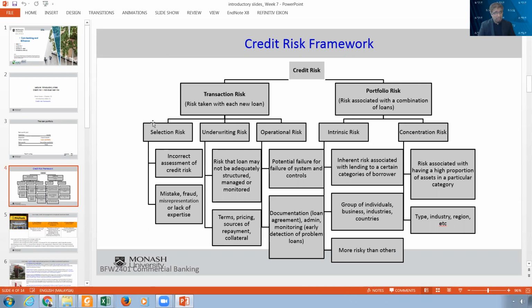So the first thing, we start with the selection risk. The problem with this risk is you have an incorrect assessment of the credit risk. Like what happened during the subprime, you bring in the subprime borrowers and then you choose them.